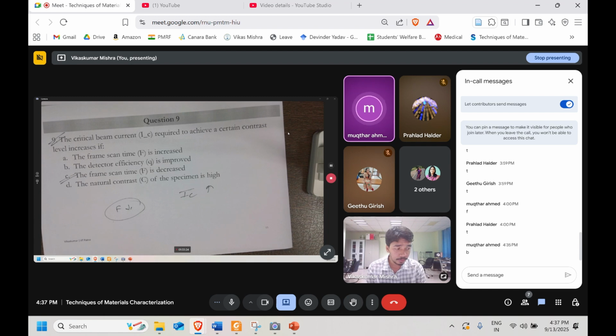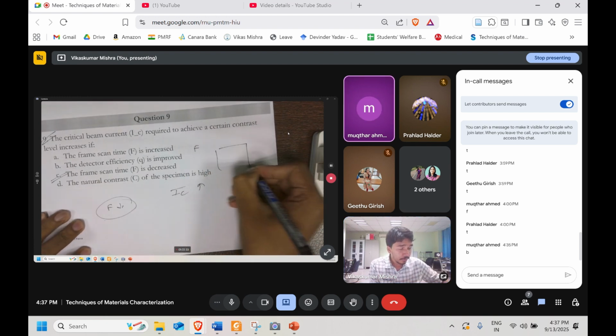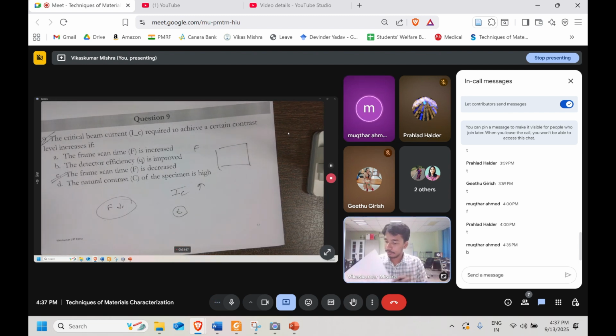Each pixel, the beam is scanning each pixel, not one pixel. F is for the entire thing; the small t is for one small pixel.